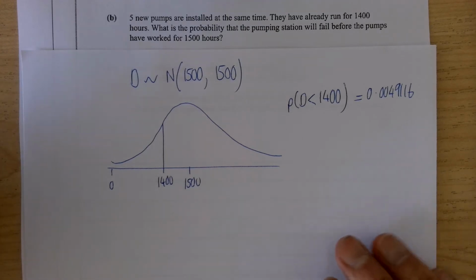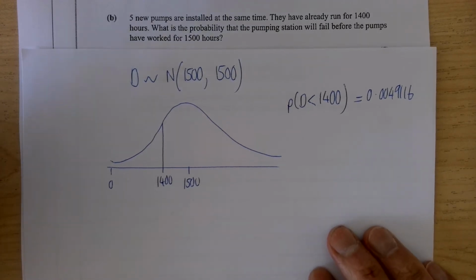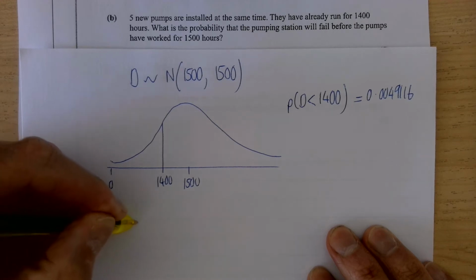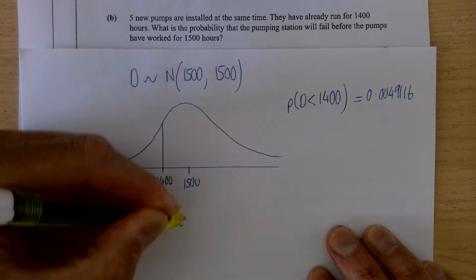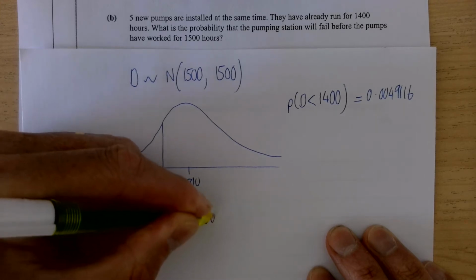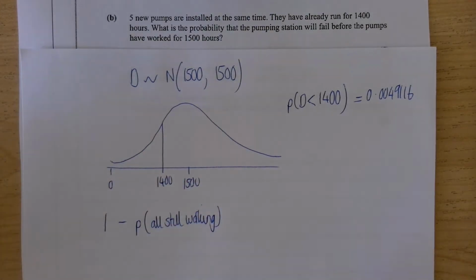So I think the answer to part B, it's much easier to work out 1 minus the probability that they're all still working after 1500 hours. Much easier to work this out. So what's the probability that they're all still working? So I'm going to talk about one pump, okay? Just one pump.